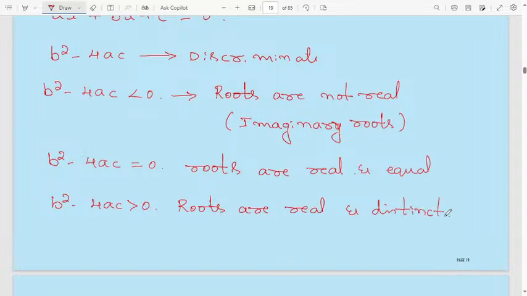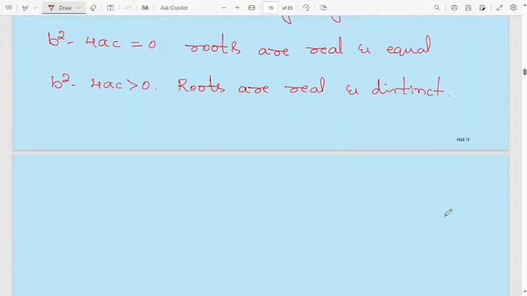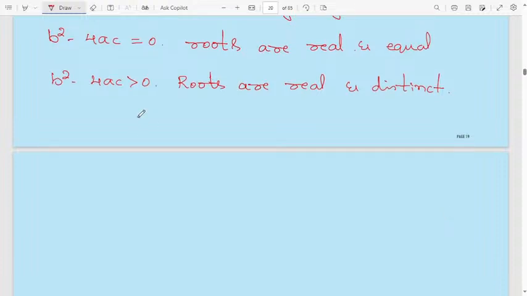Remember, to find the solution of the quadratic equation we will use x equals minus b plus or minus root of b square minus 4ac, divided by 2a. This formula we will use.